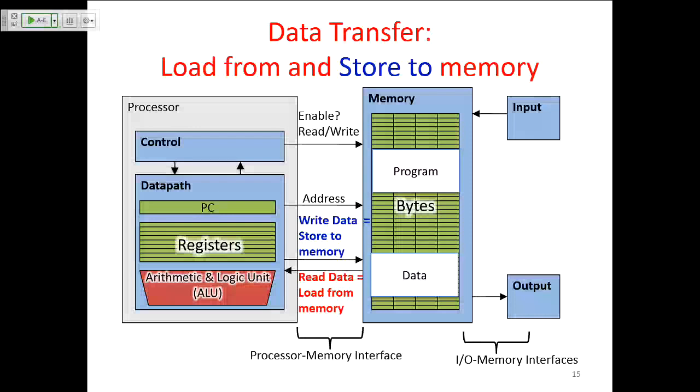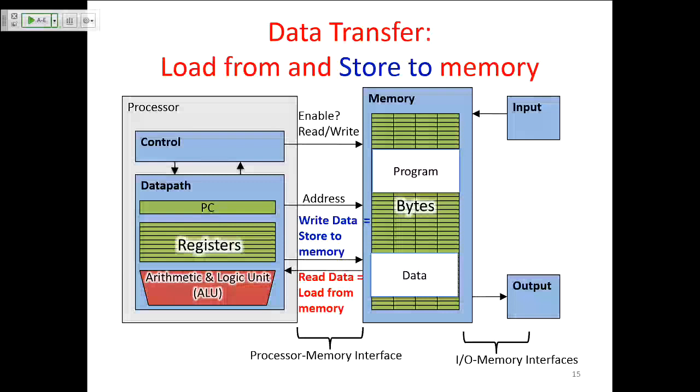What's important on this chart, just to get the reference when we talk about things, is that everything is with respect to the CPU. Write data stores data to memory, and when you read data, you're loading from the memory to the CPU.